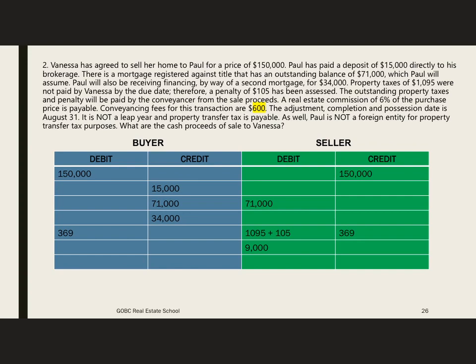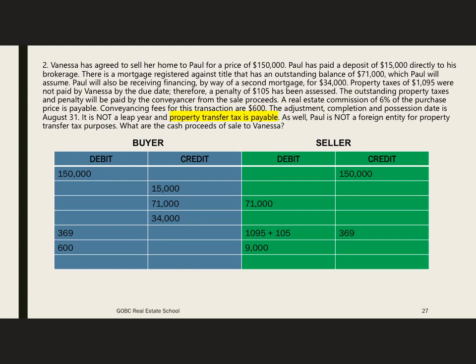The next thing we'll take care of is the conveyancing fees for the transaction. They're $600. The conveyancing fees are related to transfer of title, and that is the buyer's cost, right? So conveyancing fees or legal fees, if they don't explain who they're for, then you just assume that they're for the buyer. So those would be debited to the buyer, and they would not show up for the seller. So here they are put into the debit column for the buyer.